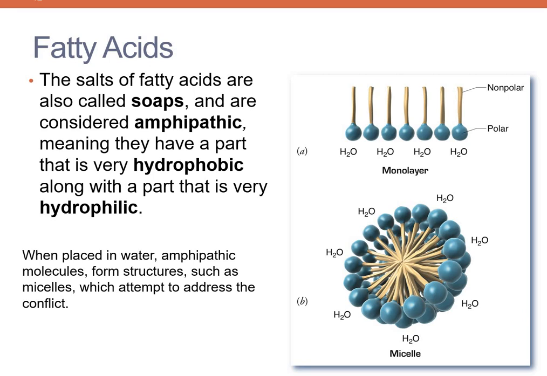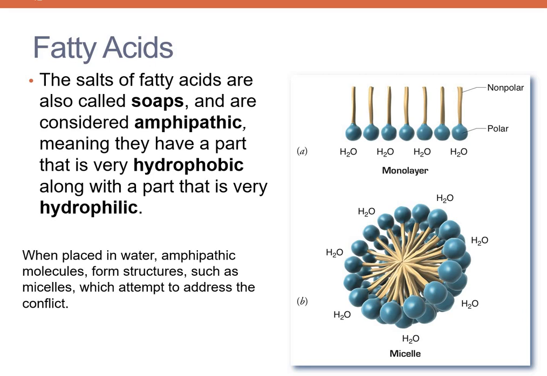Now let us talk about how these fatty acids can create something like a membrane. What is the importance of these fatty acids in making a membrane? The basic structure you can imagine is a polar head and a non-polar tail. That is what we have learned so far. The salts of the fatty acids that we just described in the previous slide are called soaps.